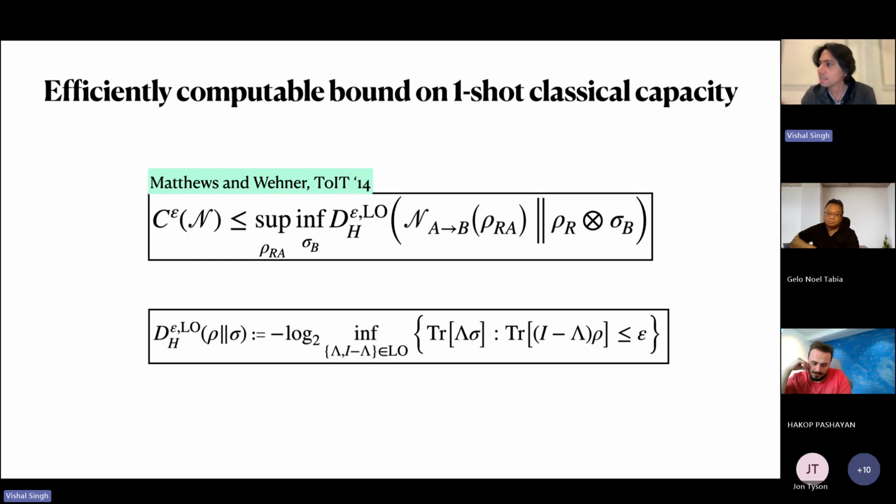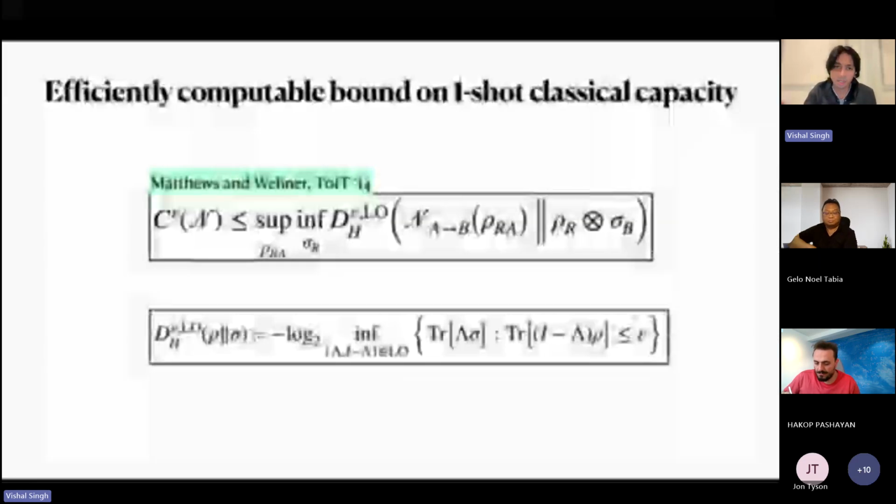Basically, in principle, what we're doing is trying to differentiate between the channel that you're given and a channel that is completely useless for classical communication. And the hypothesis testing relative entropy is an upper bound on this quantity, given that you are only allowed local operations as measurements.